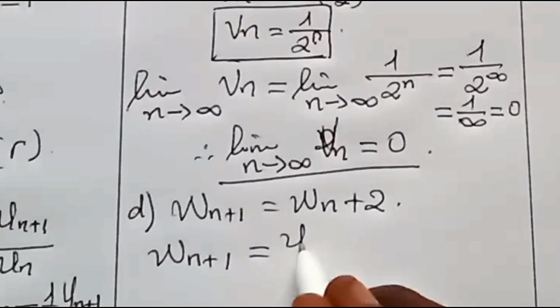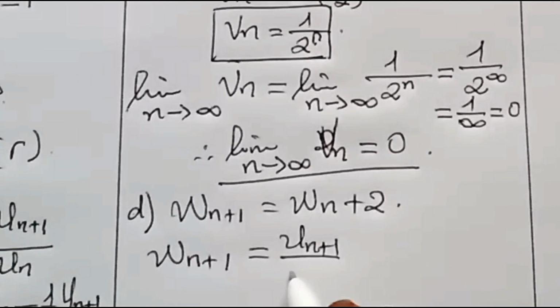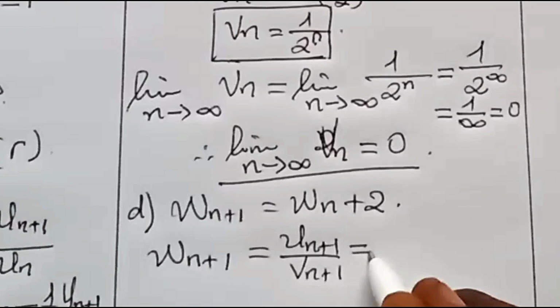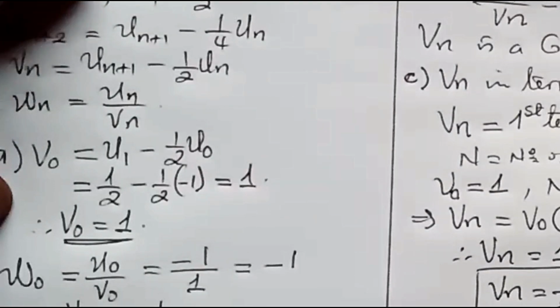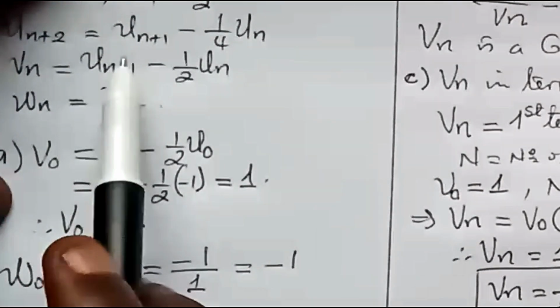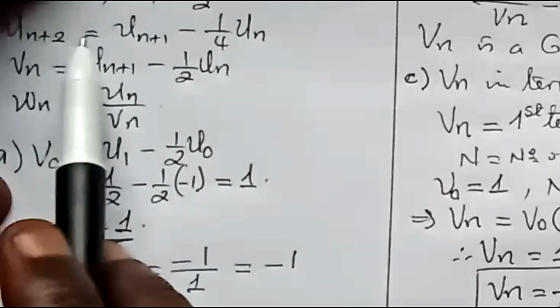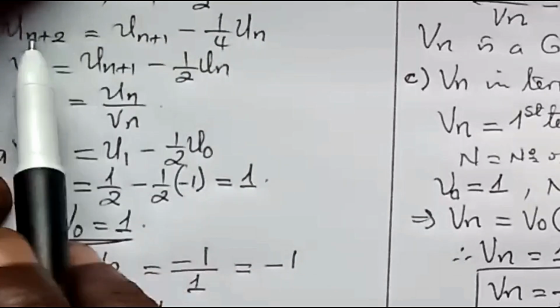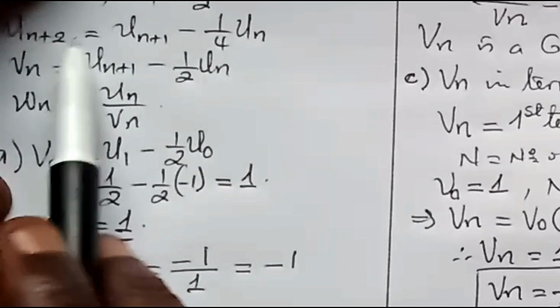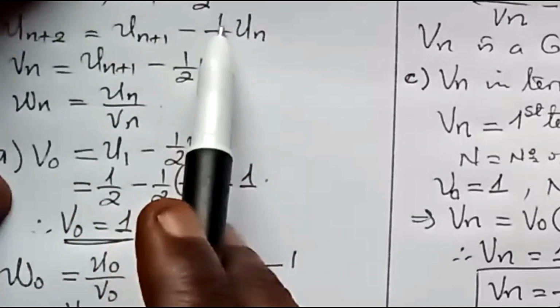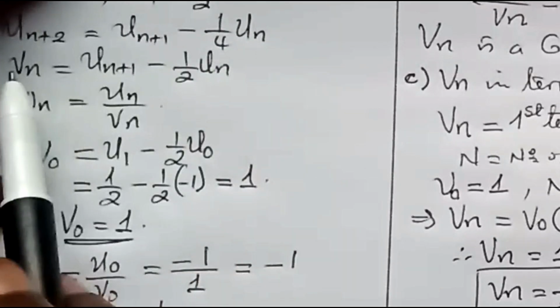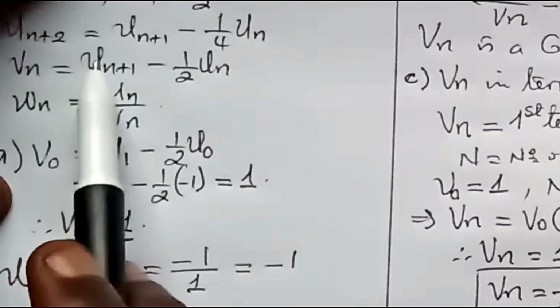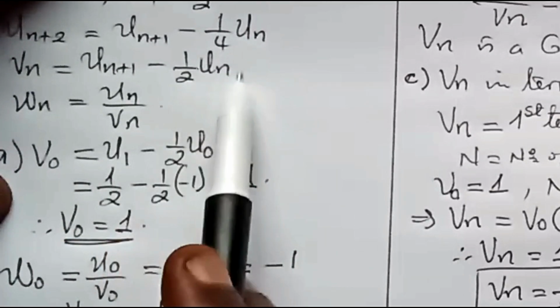So Wn plus 1 should then be Un plus 1 all over Vn plus 1. Now, according to the information we have, there are two expressions that have n plus 1. The first one, which has Un plus 2 equals Un plus 1 minus 1 quarter Un. And the second one, which has Vn equals Un plus 1 minus half Un.